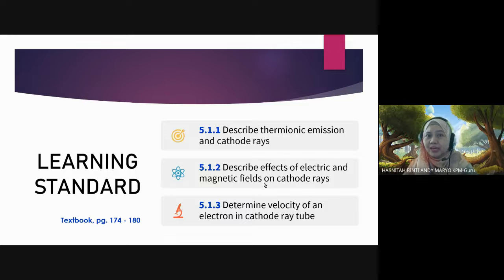What happens to the cathode ray in a magnetic field? And last but not least, to determine the velocity of an electron in the cathode ray tube by applying some formulas and calculation. These are the pages covered for this content standard, 5.1 electrons, starting from page 174 until page 180.